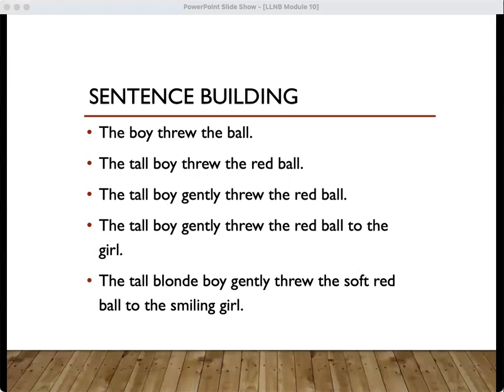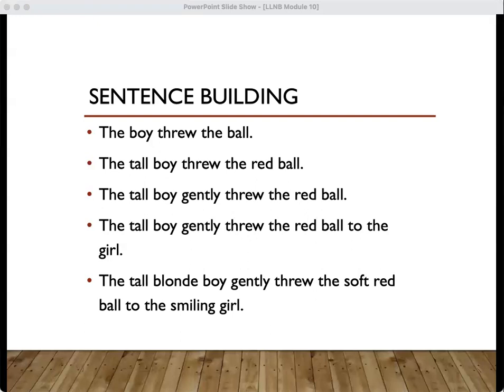So now you're going to explain to them that you want them to add a prepositional phrase to the sentence and rewrite it. A prepositional phrase might tell where or when something was done. The tall boy gently threw the red ball to the girl. Finally, explain that now they're going to add another adjective to each noun and rewrite the sentences.